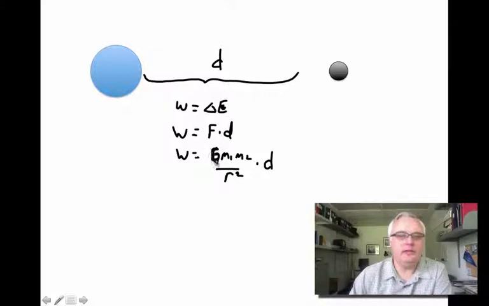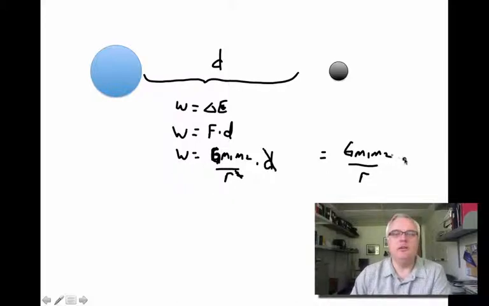Okay, so G times m1 times m2 over r squared times d. Now really, r and d, other than the radius of the Earth, are relatively the same. So we can cancel one of them. And what we have is a new equation which tells me the work. And we know that work equals change in energy.